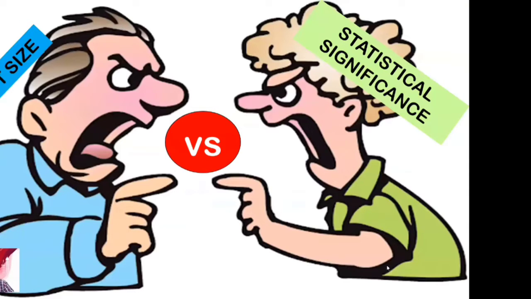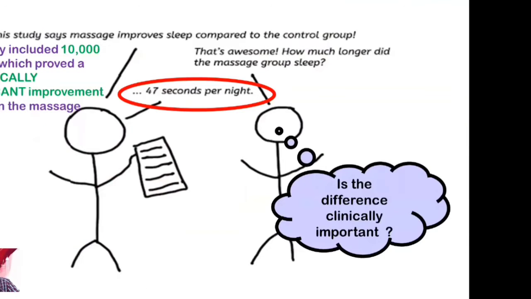Now you understand the importance of effect size. Now there is a $1 million question, which is very important. Is effect size important, or p-value, or statistical significance? I will give an example. A study says that massage improves sleep compared to the control group.